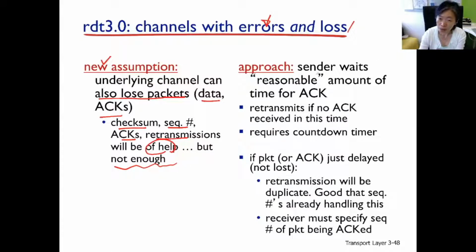And the extra mechanism is this. The sender waits for some amount of time for the ACK to come back. If the ACK does not come back within the time window, then retransmit the packet. Okay, so retransmit the data packet if no ACK comes back within that timeout interval. All right, so what we're doing here is to require setting of a countdown timer per data packet being sent.